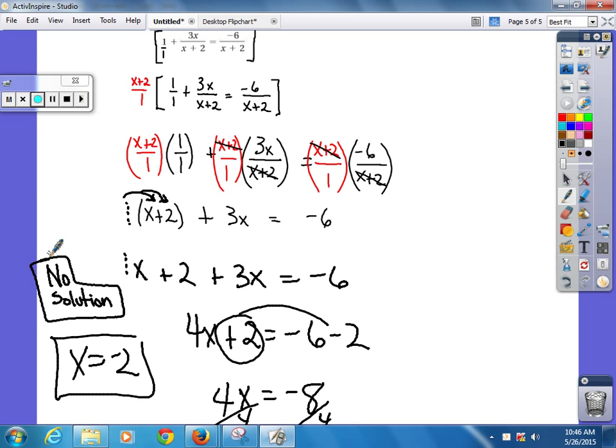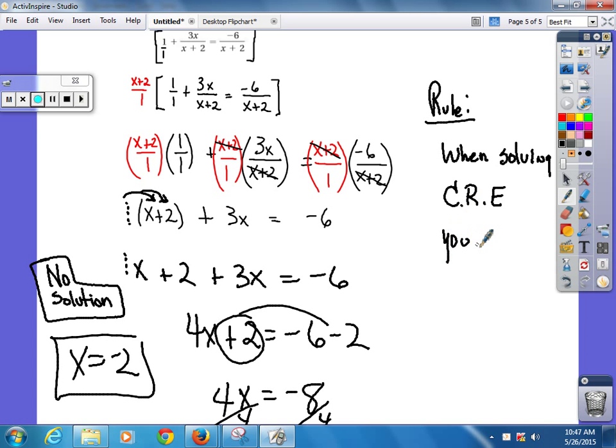So, we got to put a rule in here. Rule: when solving complex rational equations, CRE, complex rational equations, you have to "check", and I'm going to put check in quotation marks because you all know what that means.